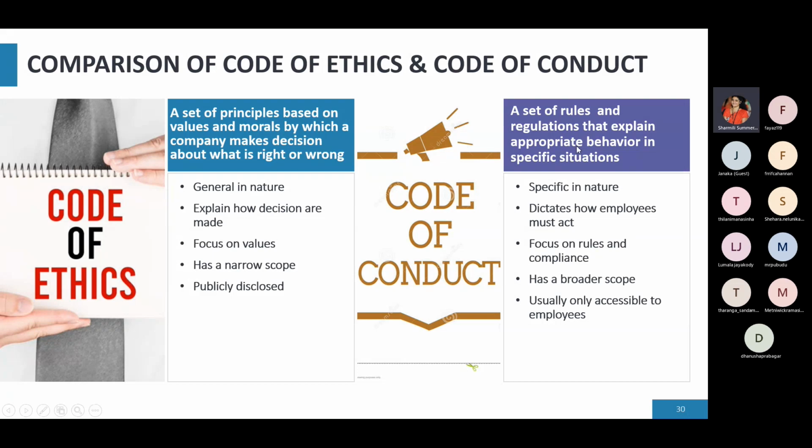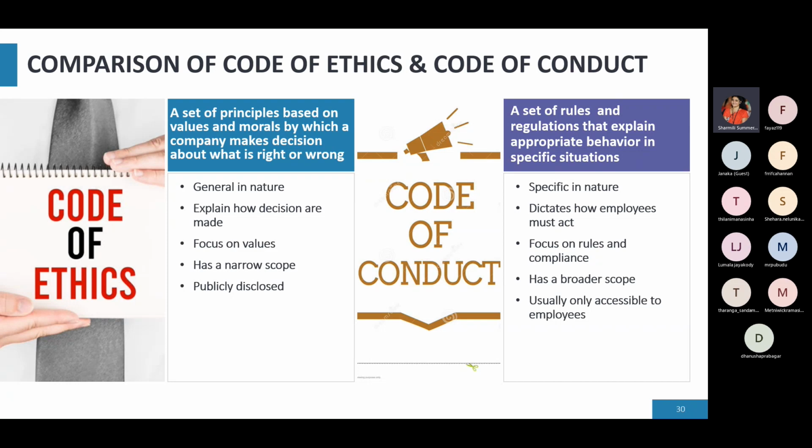The code of conduct is a set of rules and regulations that explain appropriate behavior in a specific situation, explaining how a person needs to behave.